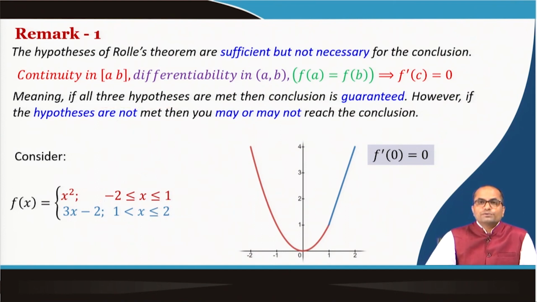What we can observe is that at this point, at x = 1, if we check whether it is differentiable or not, the derivative of the part of the curve which is the line is basically 3, and if we approach this point from the parabola, it will be 2.